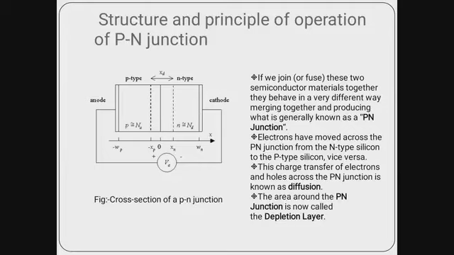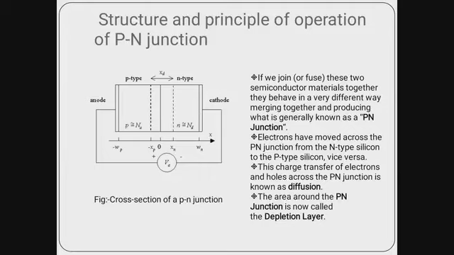This charge transfer of electrons and holes from N to P side and P to N side across the PN junction is basically known as the diffusion technique.